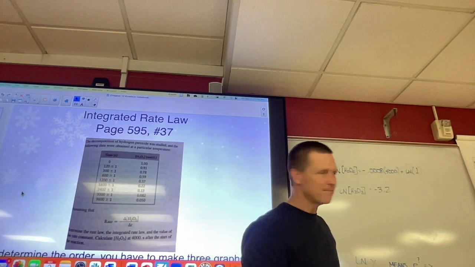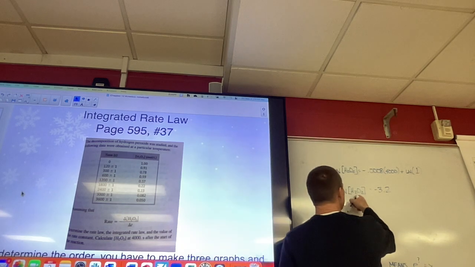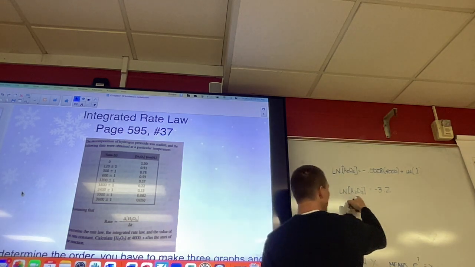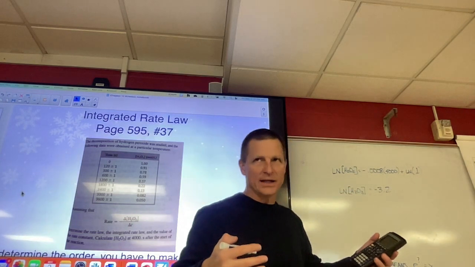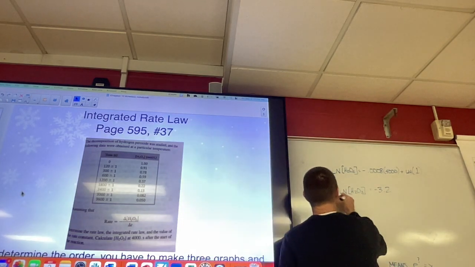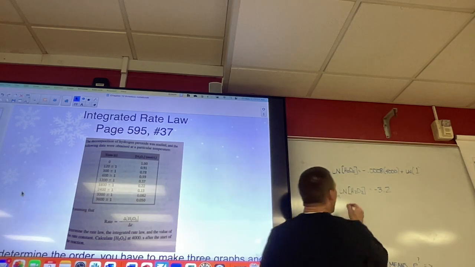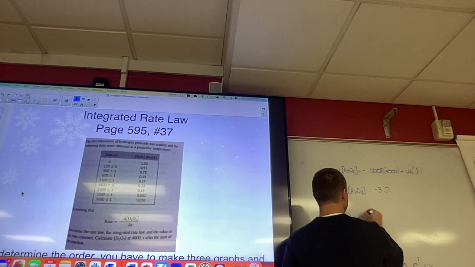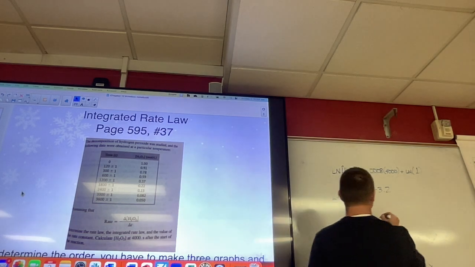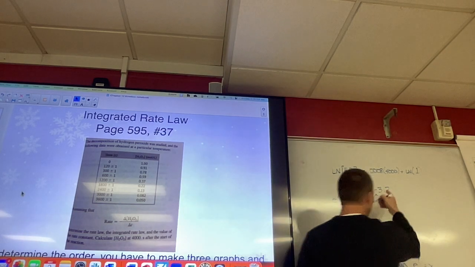That's what it's saying. So when you need to solve for the variable, you're taking the natural log of an unknown and you need to find that unknown, raise both sides to the power on e. So e to this side means that the natural log is going to go away. We're just going to have the H2O2. It's called taking the inverse log. And then on the right side, it's e to that power.